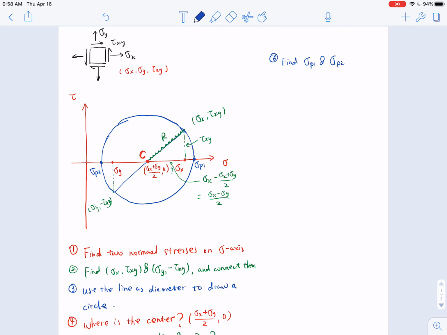So just using the center coordinates and the R, how can you determine sigma p1?